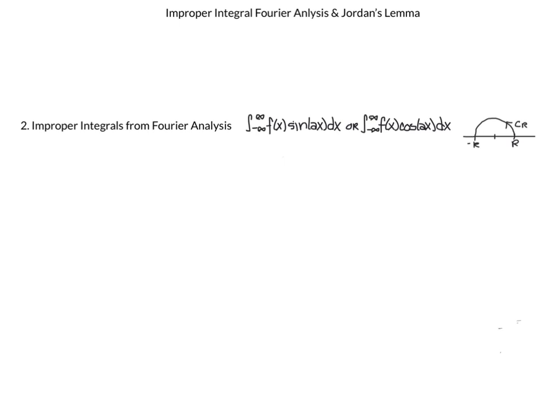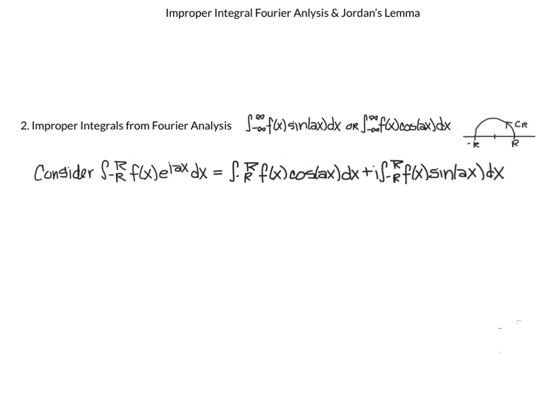What we are going to do is consider the limit as R approaches infinity of the integral from negative R to R of f of x e to the iax. By Euler's theorem, this e to the iax can be written as cosine ax plus i sine ax, which means this integral can be written as the integral from negative R to R of f of x cosine ax dx, plus i, we can factor out the i, times the integral from negative R to R of f of x sine ax dx.